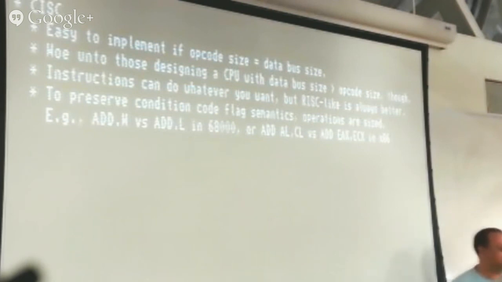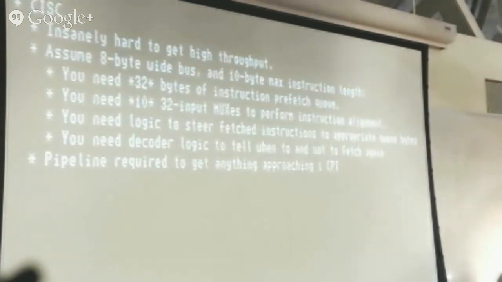Even though the instruction set itself was very simple, the instruction decoder was massive. How massive? Well, it took 32 bytes of instruction prefetch queue minimum. It took 10 32-input multiplexers to be able to align instructions appropriately for the execute stage.